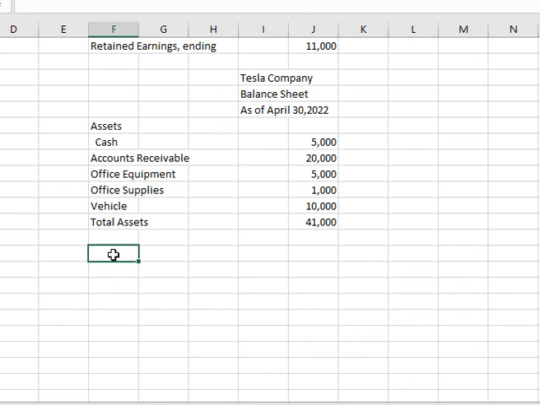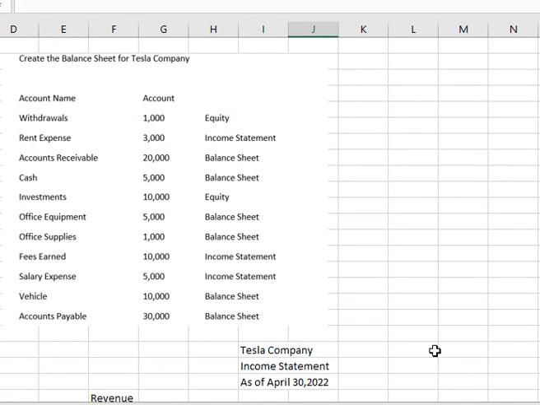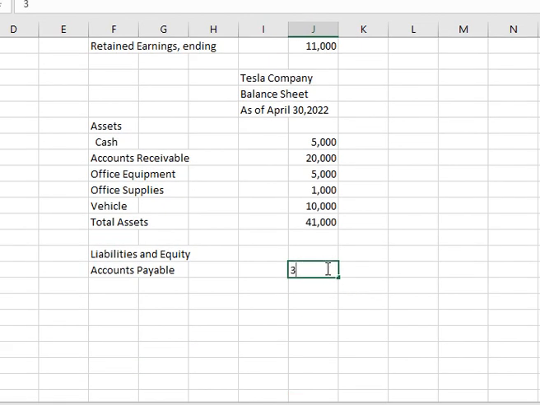Now we go to liabilities and equity. We have accounts payable. For accounts payable, we have 30,000. And owner equity, we just calculate in here. That's 11,000.